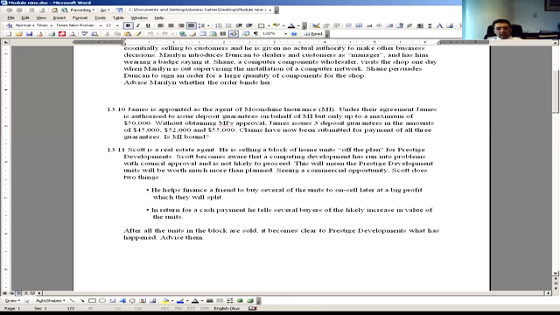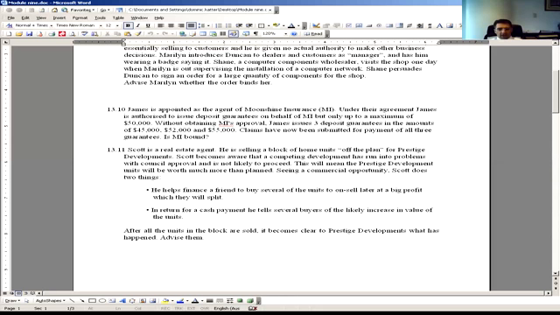Scott is a real estate agent. He is selling a block of home units off the plan for Prestige Developments. Scott becomes aware that a competing development has run into problems with council approval and is not likely to proceed. This will mean the Prestige Development units will be worth much more than planned. Seeing a commercial opportunity, Scott does 2 things.